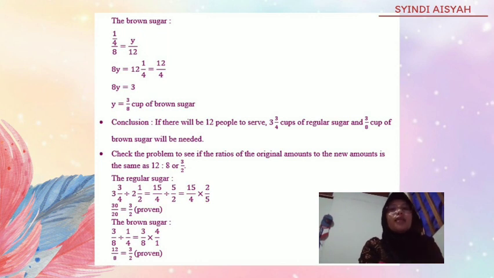The brown sugar: 3 over 8 divided by a quarter equals 3 over 8 times 4 over 1 equals 12 over 8 equals 3 over 2, proven.